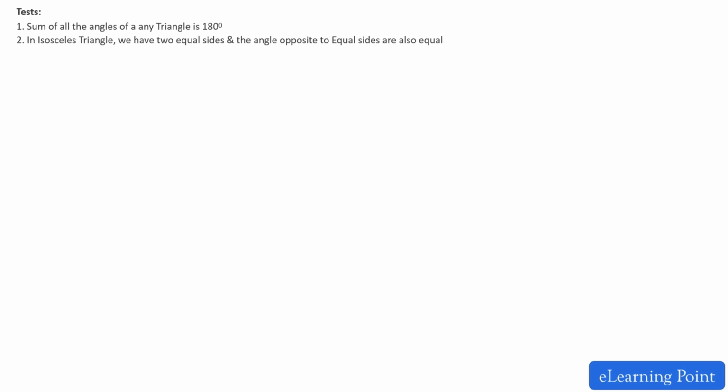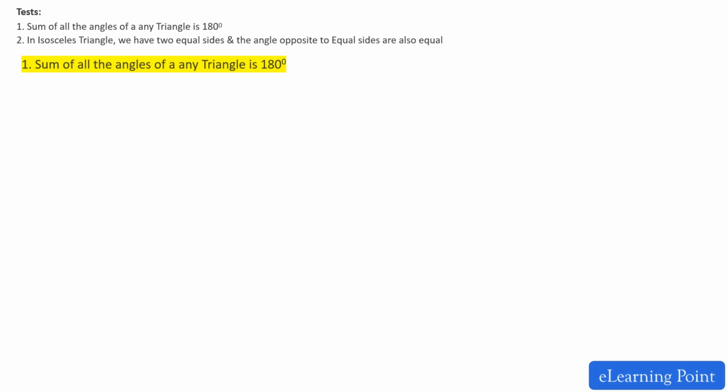First we will understand some of the common tests required to solve this problem. The first test is that the sum of all the angles of any triangle is 180 degrees. You might be aware of both tests. Second, in an isosceles triangle we have two equal sides, and the angles opposite to the equal sides are also equal. Let's understand with geometry the purpose of these tests.